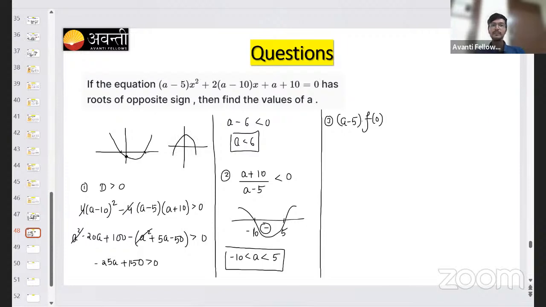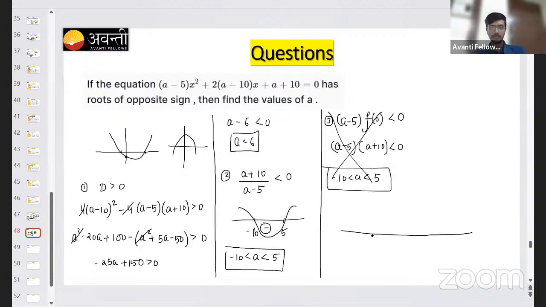So leading coefficient positive, functional value at 0 negative, will be less than 0, right? So (a minus 5) into functional value at 0, (a plus 10), is less than 0. So this is the same, minus 10 to 5 again, so it is actually not needed.